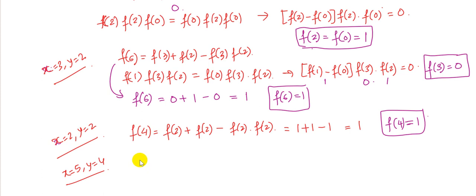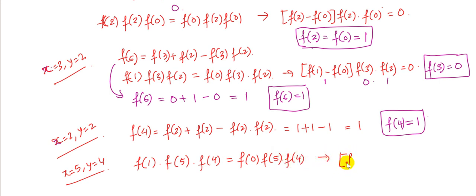So we'll get f of 1, since 5 minus 4 is 1, into f of 5 into f of 4 equals f of 0 into f of 5 into f of 4, which means f of 1 minus f of 0 into f of 5 into f of 4 equals 0. Now we know f of 4 is 1 and this is 1. So f of 5 has to be 0.